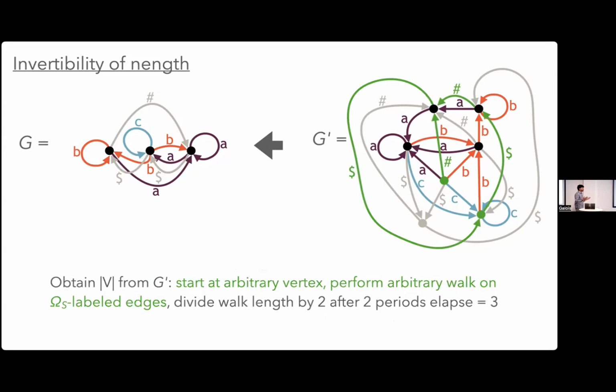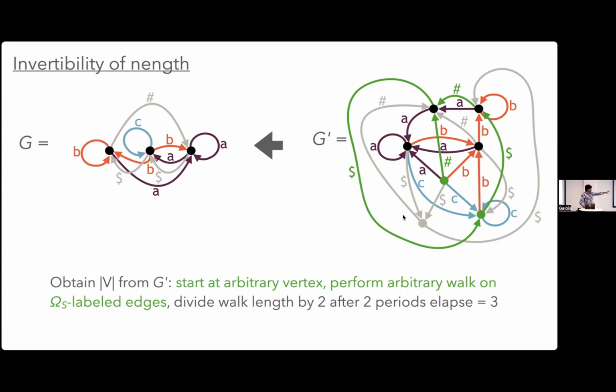So let's first obtain the number of vertices in G from this transformed graph, this nth G prime. To do this, we start at some arbitrary vertex and form an arbitrary walk on edges labeled on the sentinel alphabet, and we do that until we've walked 2 periods. Because what that walk will always correspond to is a set of simultaneous walks confined to the identifying cycle in G, okay?